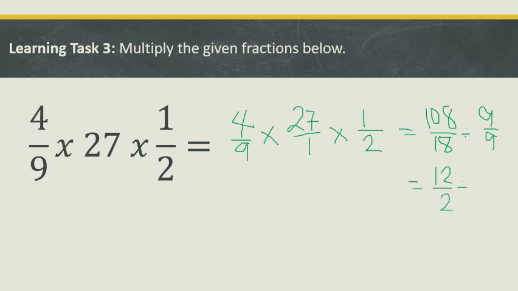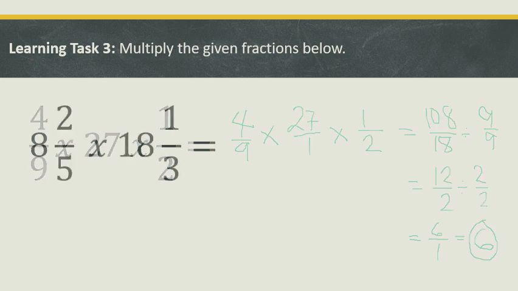Divide pa rin natin siya sa 2. 12 divided by 2 is 6. And 2 divided by 2 is 1. Tandaan ulit, kapag ang fraction ay may denominator na 1, ito ay magiging whole number na lang. So, magiging 6. Okay po, nagigets na po siya.